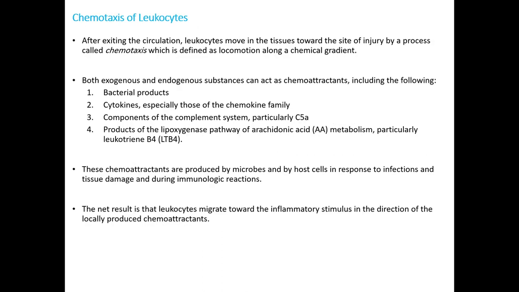After exiting the circulation, the leukocyte moves in the tissue toward the site of injury by a process called chemotaxis, which is defined as locomotion of the leukocyte along the chemical gradient of a chemotactic agent. Both exogenous and endogenous substances can act as chemoattractants for the leukocyte.